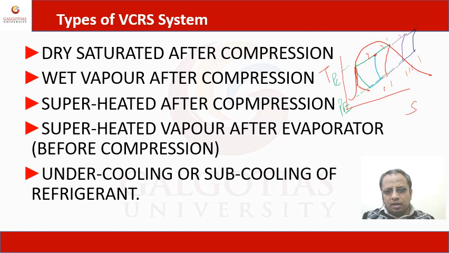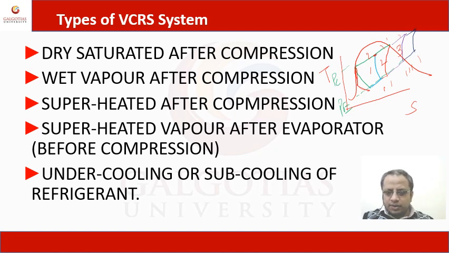Now again the pressure is more, the temperature is more, and this dry vapor gets superheated. This is the superheated vapor after compression, because the heating and the pressure of the refrigerant act beyond the steam dome. So here the superheated vapor is available: superheated vapor compression of the VCR system.